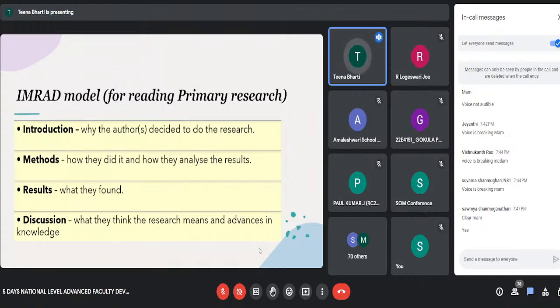In primary research, you have to understand what has been dedicated by the authors, what has been highlighted in the introduction section, what has been indicated in the methods or the results section, and what has been discussed. So with what thought positioning, with what instances, with what support the author has substantiated their line of research.